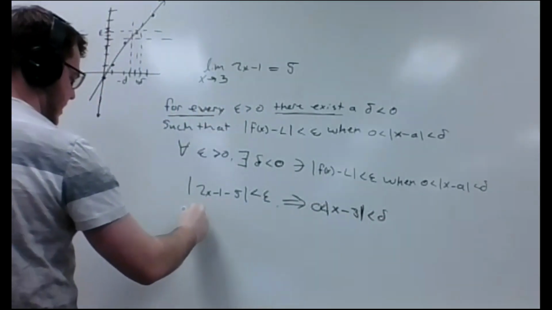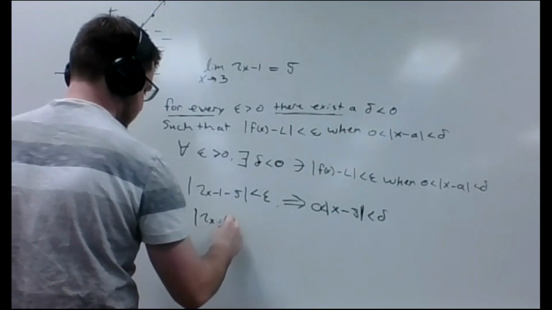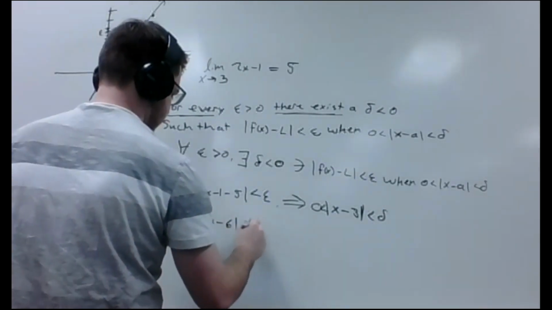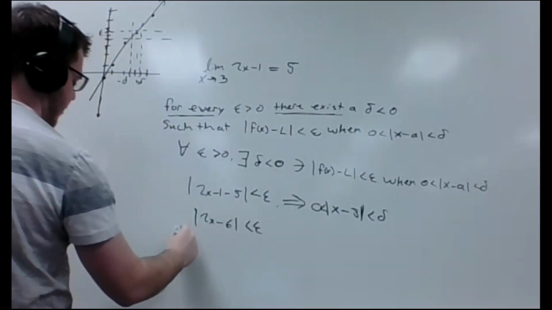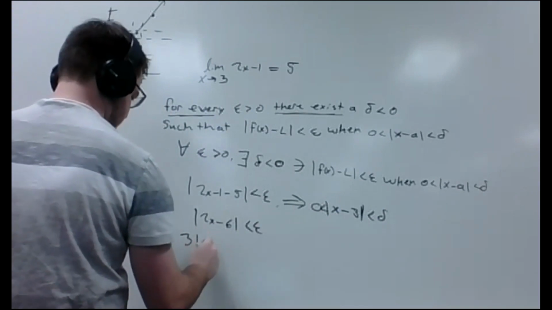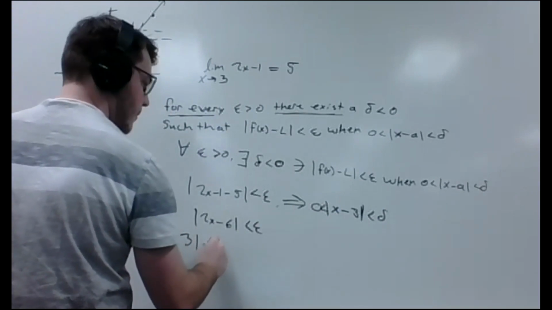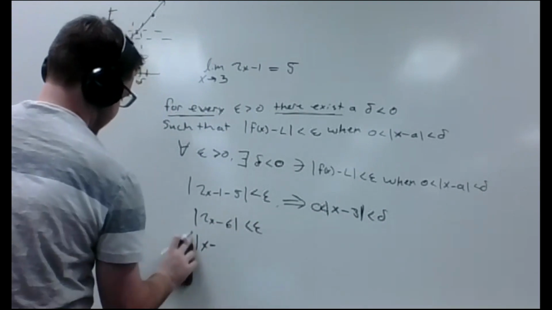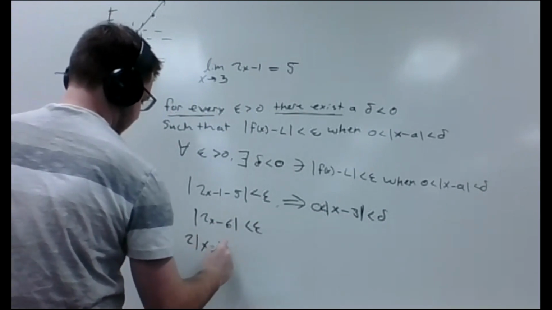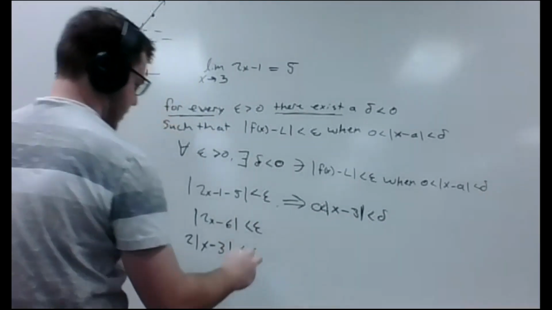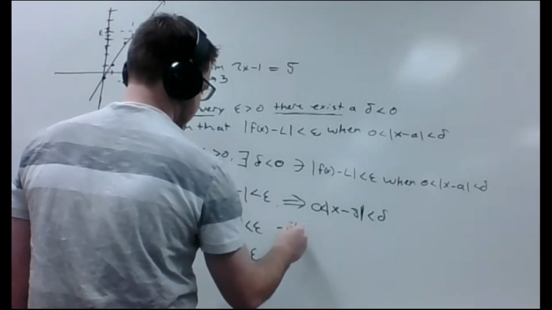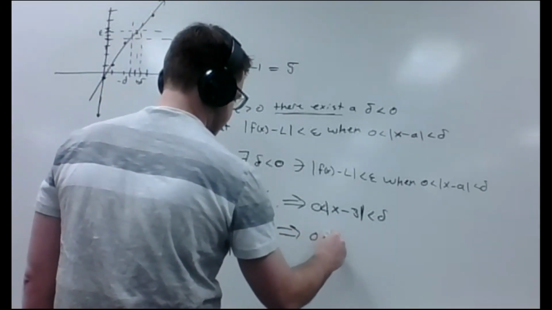We can simplify this down to 2x minus 6. Then we can simplify that even more by pulling a 2 out, sorry, my bad. 2 times x minus 3, and it's going to be the same statement here.